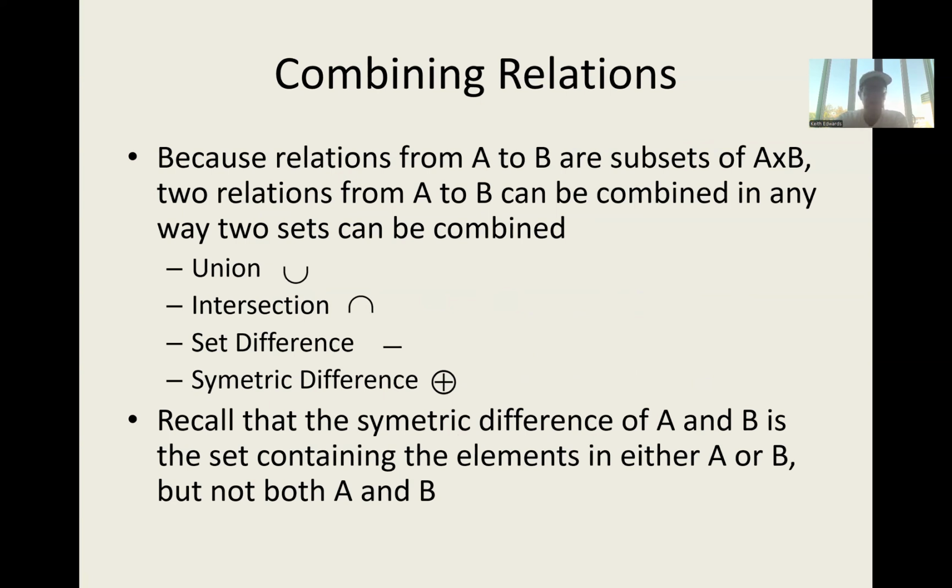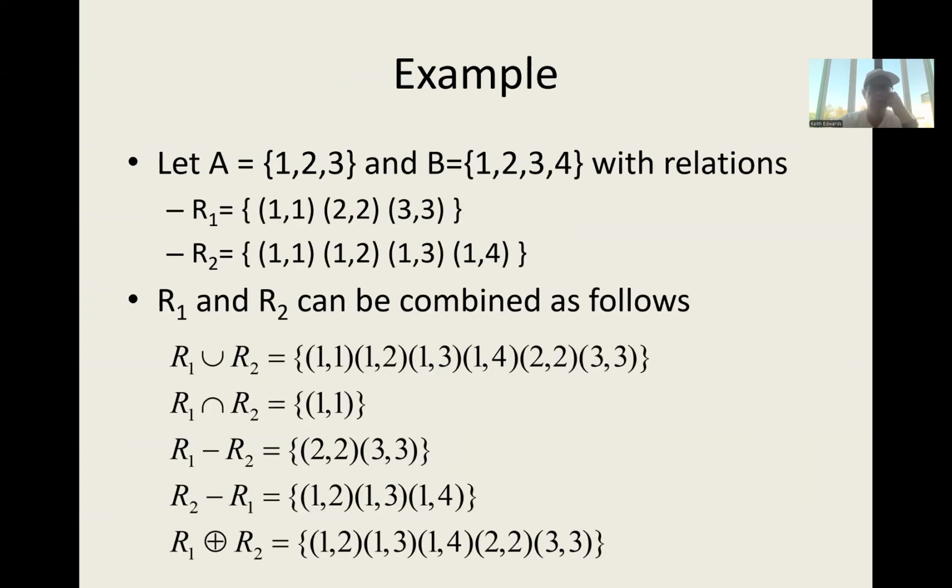And you can combine relations using the set operations: union, intersection, set difference, and symmetric difference. And symmetric difference was the set of elements contained in either A or B, but not in both A and B. And so you probably recall that from CS141. If not, we'll go back and review it when we do the lecture in a little bit of detail.